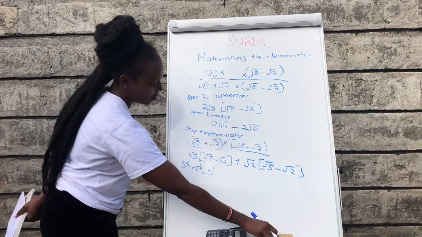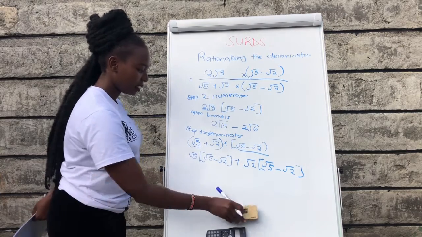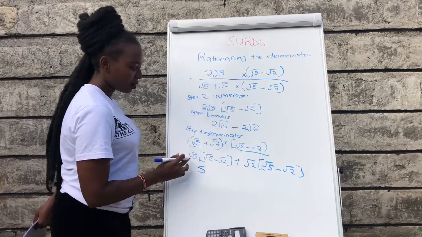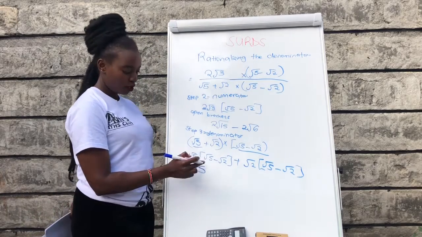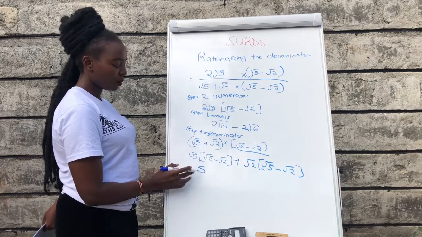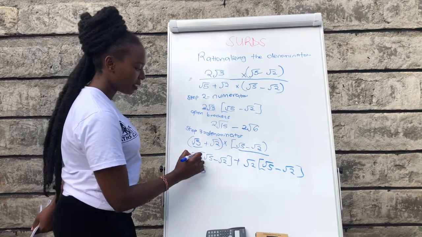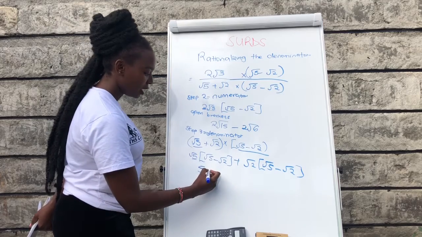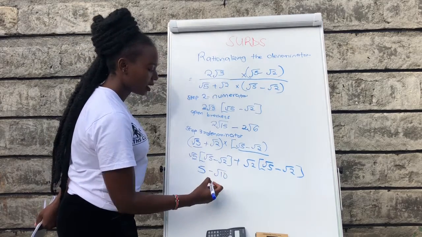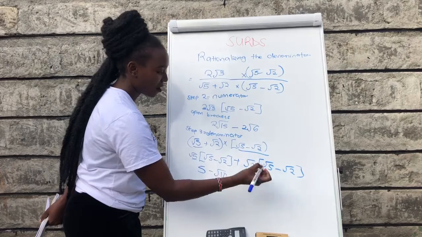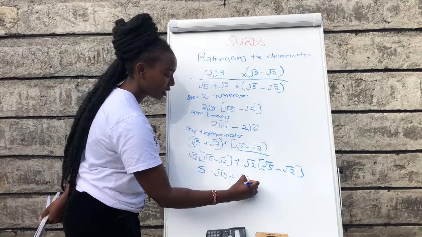So it becomes 5. So you just come here and indicate 5. Remember, when the numbers are the same, your multiplication becomes just that number. And here we multiply the ones that are inside, 5 and 2. It becomes minus root 10. Then here, 2 and 5 again, plus root 10.